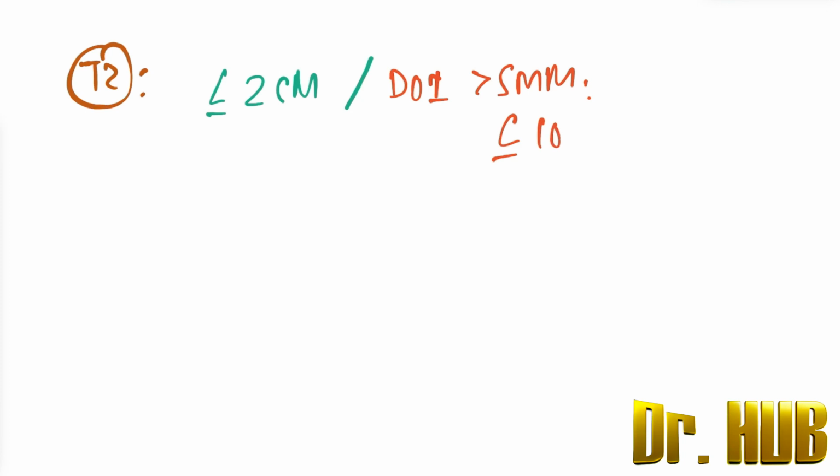T2 is where the tumor is less than or equal to 2 centimeters, similar to T1, but the DOI in T1 was less than or equal to 5 mm. Here the DOI is greater than 5 mm and less than or equal to 10 mm.